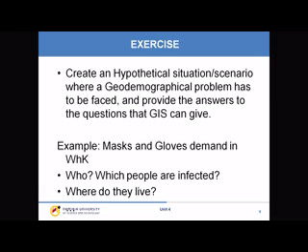The scenario might be that the company or the government wants to distribute those products, but it really needs to know when, where, and in which way, and so on. So you need to formulate two questions for each group of questions, and answer those questions in terms of how GIS can actually help.